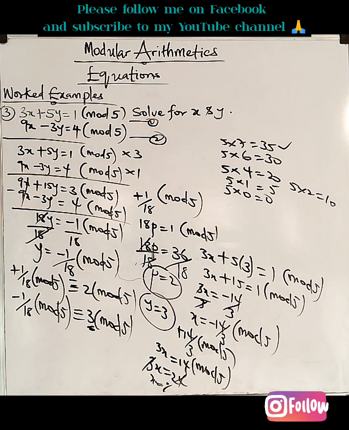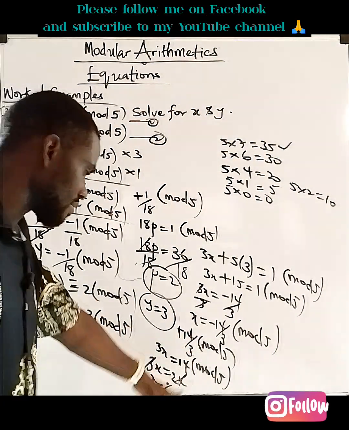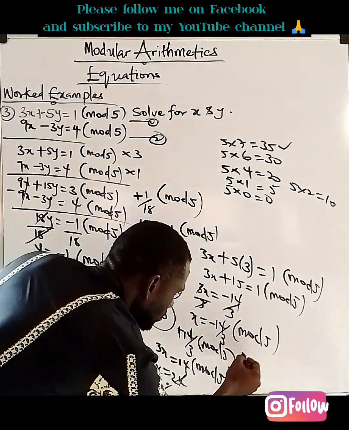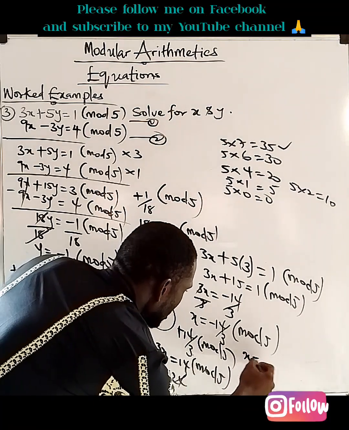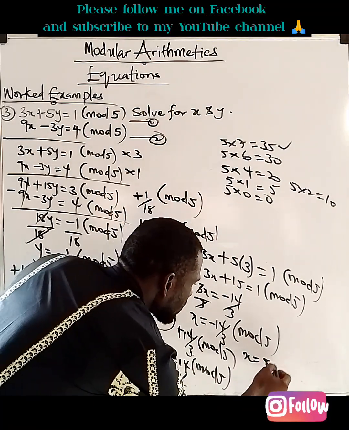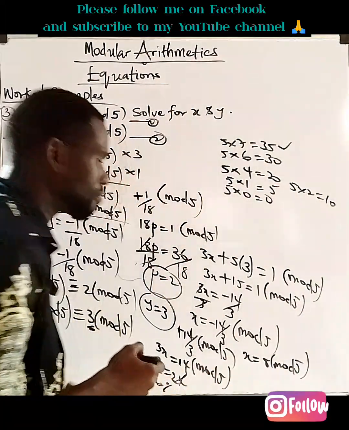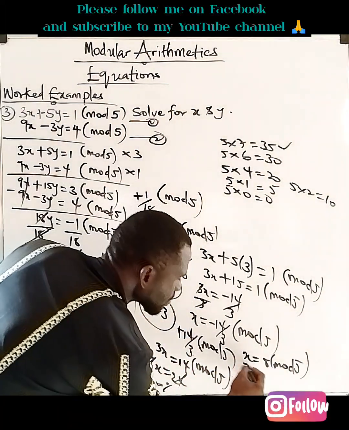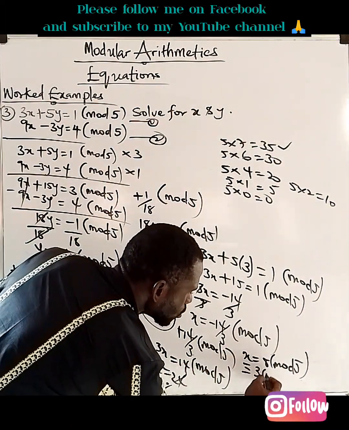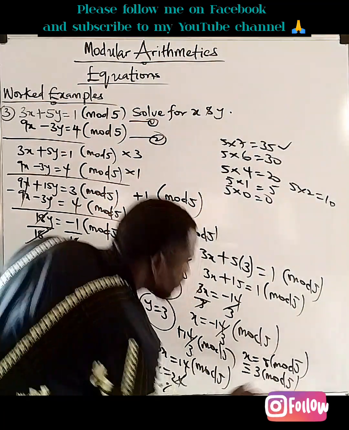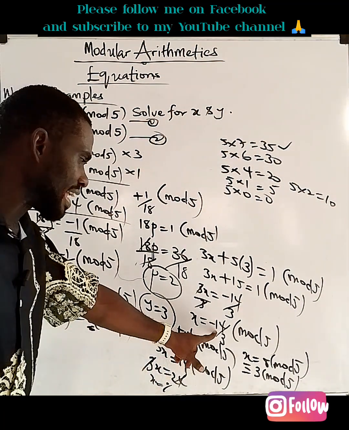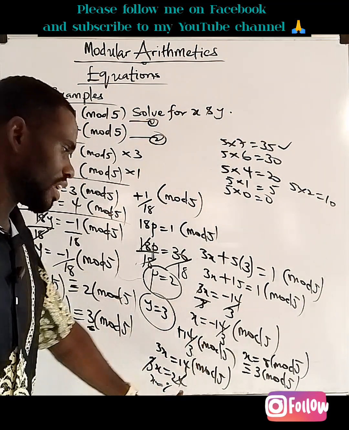So if x is 8, 8 modulo 5, we reduce 8 modulo 5 to the right modulo. What are we going to get? We're going to get 3 modulo 5. But don't forget, we are talking about negative, minus 14 over 3, not positive.